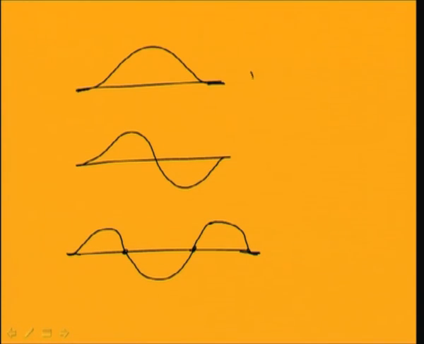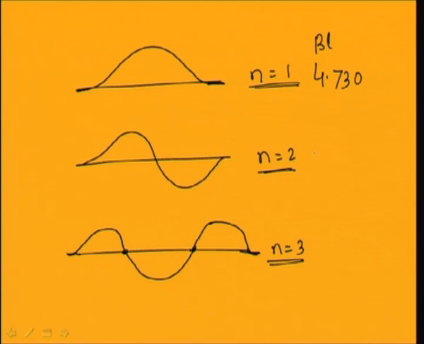So this is n equal to 1, this n equal to 2, and this n equal to 3. n equal to 1 corresponds to βL equal to 4.730, the second corresponds to 7.853, and in the third case βL equals 10.996.